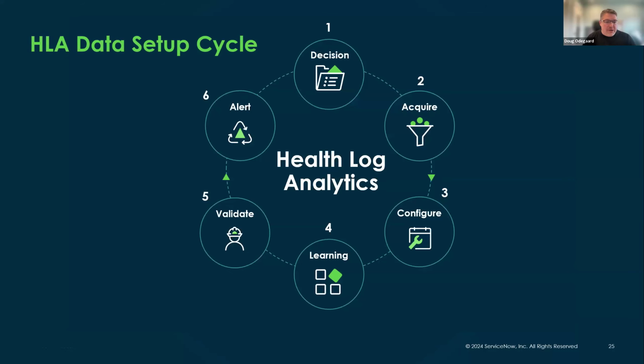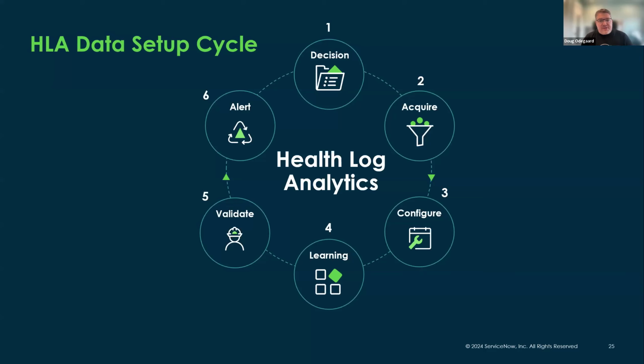Now, just to move into a different section here, what I want to do is help you as a user or someone who's a decision maker understand a little bit about the data setup cycle. What does it take to actually set up HLA in order to operate?